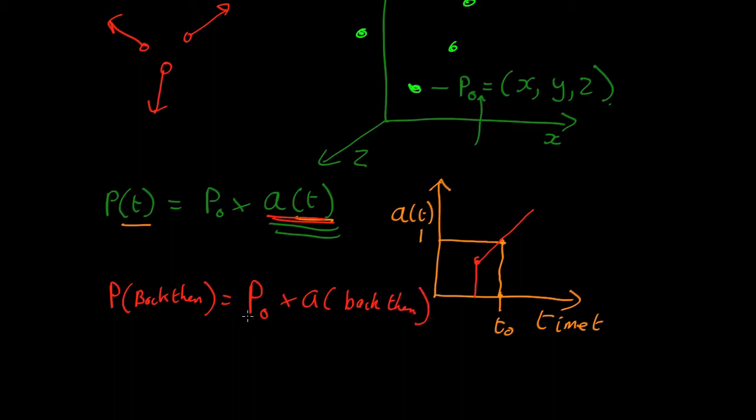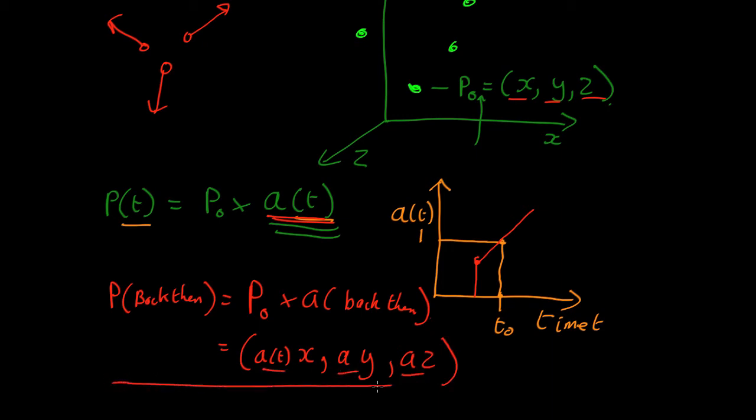So you're multiplying the current coordinates, x, y, and z, by something less than 1. So its new position will be a of that time times x, a times y, and a times z. And as a is less than 1, that means all three coordinates will be less. So everything is indeed closer together.